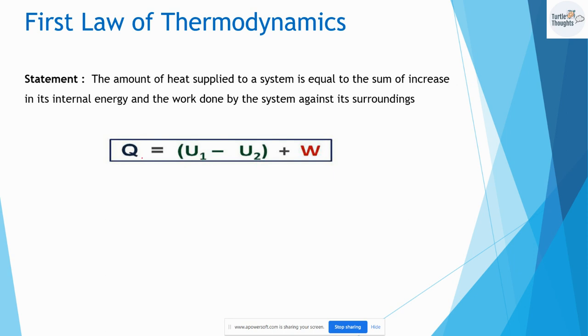Q can be written as U1 minus U2, where U1 minus U2 is the change in internal energy, and W is going to be the work done.